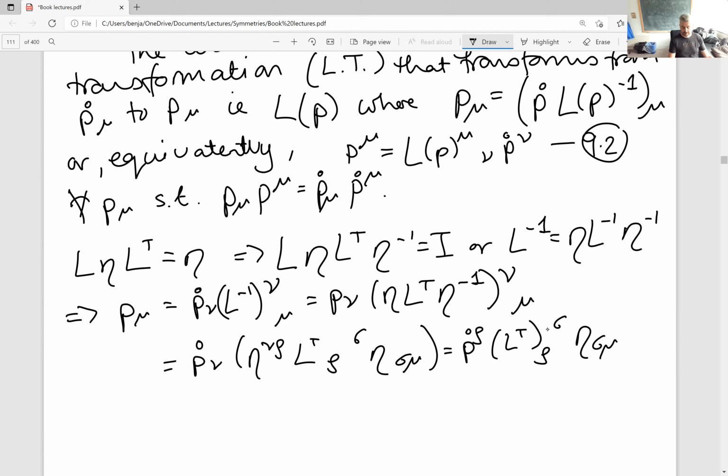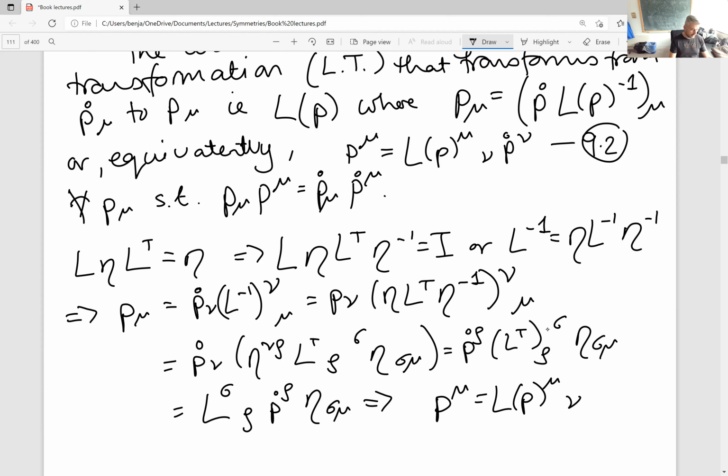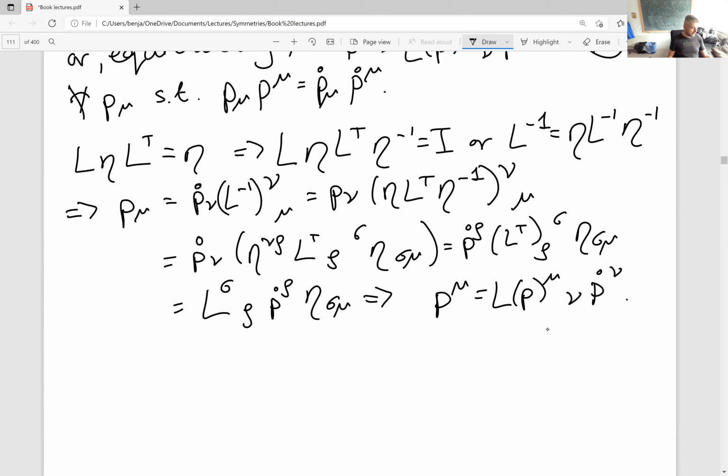And all this transpose does, if I take the transpose away, I must switch the ordering of the indices. So this is L sigma rho, P dot rho eta sigma mu. So in other words, we have that P mu is L of P mu nu P dot nu.